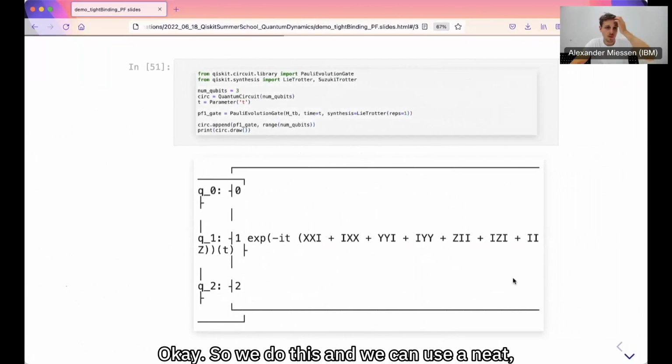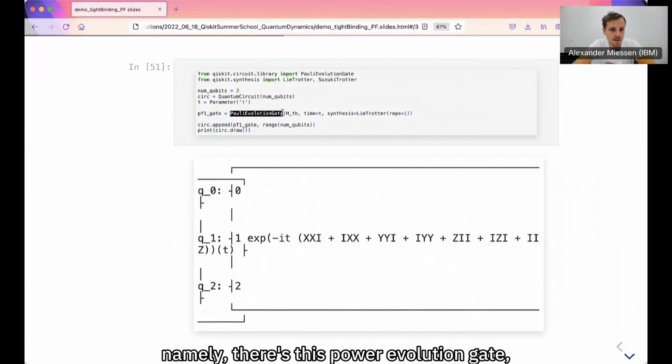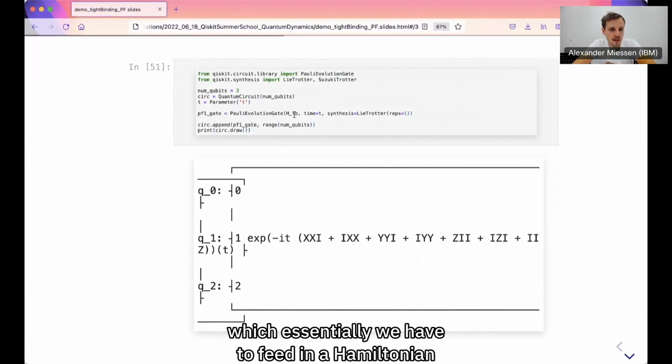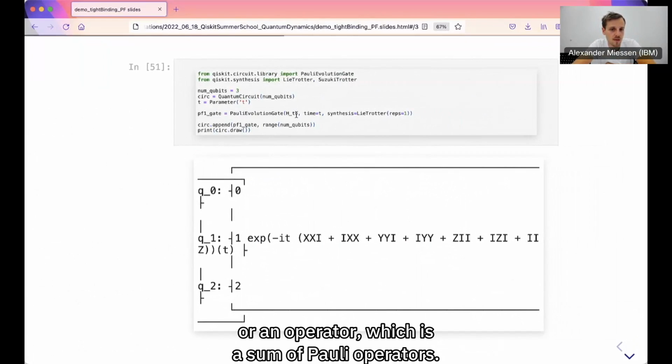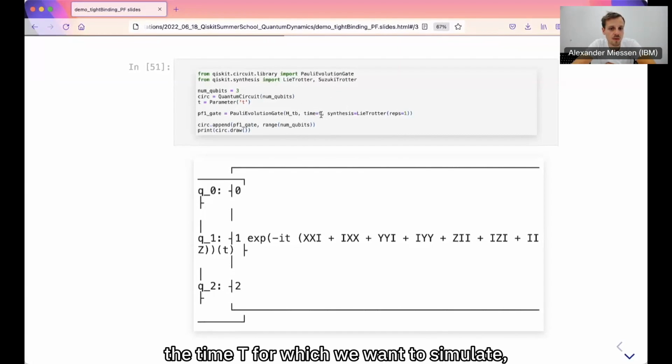Okay, so we do this, and we can use a neat Qiskit functionality to implement this operator. Namely, there's this Pauli evolution gate, to which we have to feed in a Hamiltonian or an operator, which has to be a sum of Pauli operators, a time t for which we want to simulate, and then a synthesis.